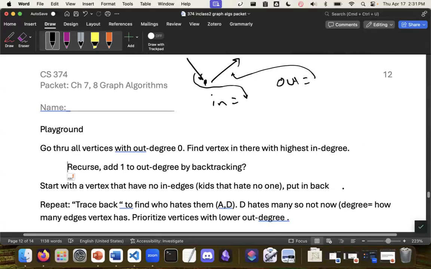Another option that I see is, if we say we go with the highest in degree, maybe put all of the ones with the, put all these guys at the back and then start with the highest one and trace our way back.